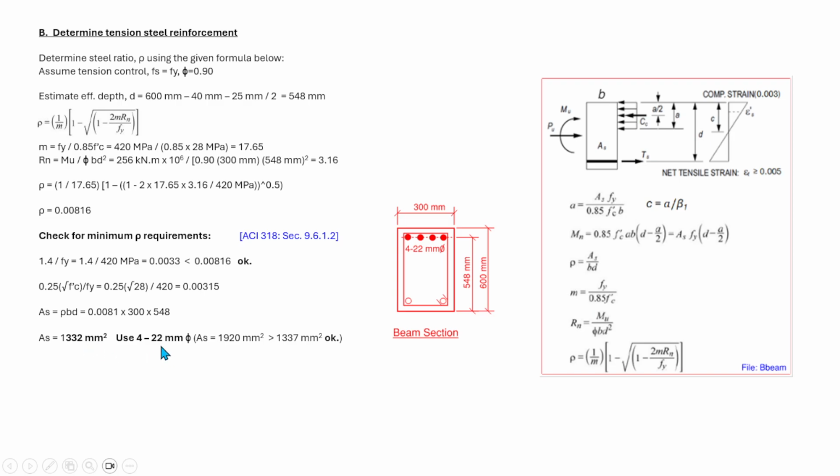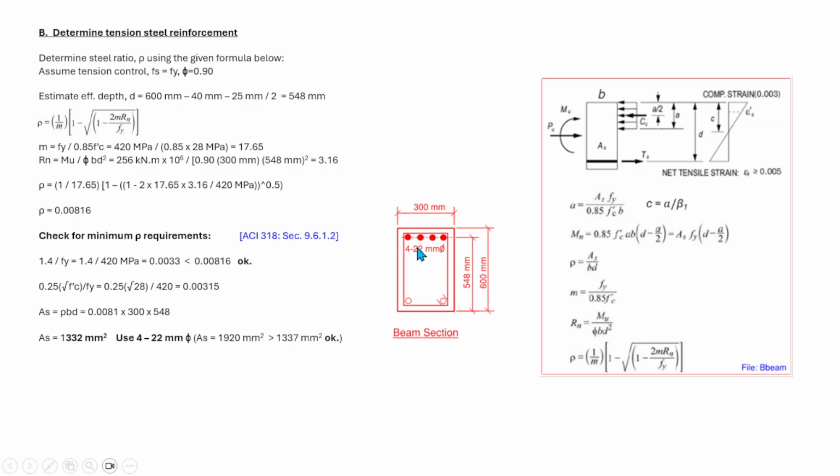Now, if we use 22 mm diameter bars, it requires 4 pieces, or a total area of 1,920 mm squared, which is greater than the required 1,337 mm squared. So we are okay to use this reinforcement.